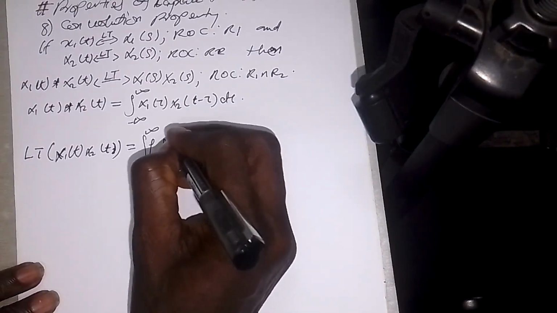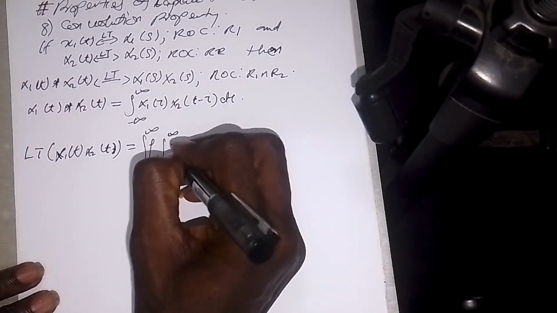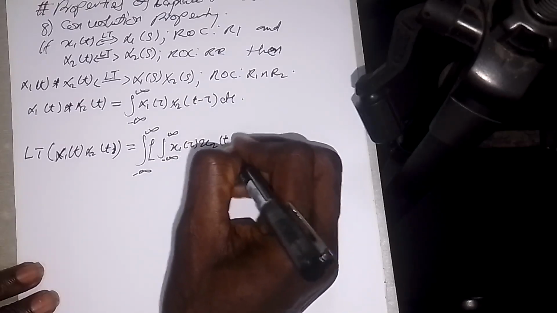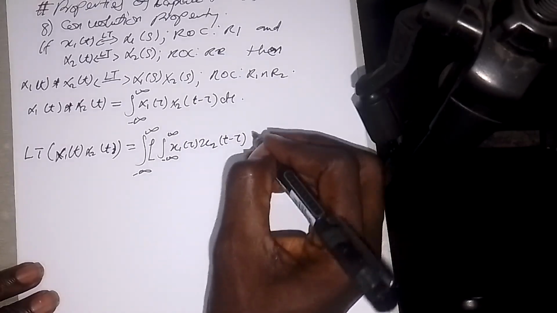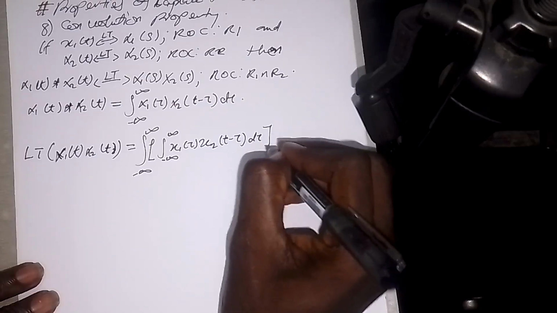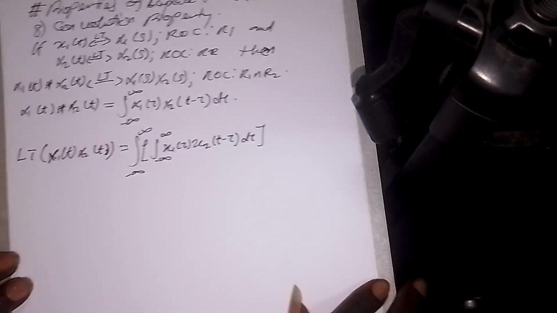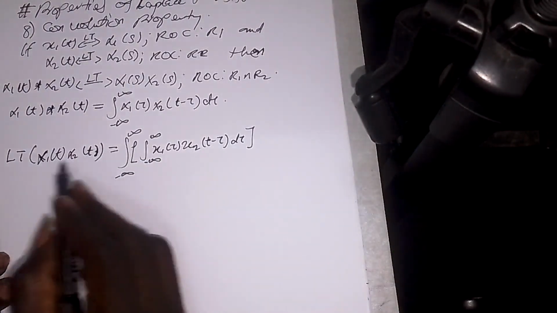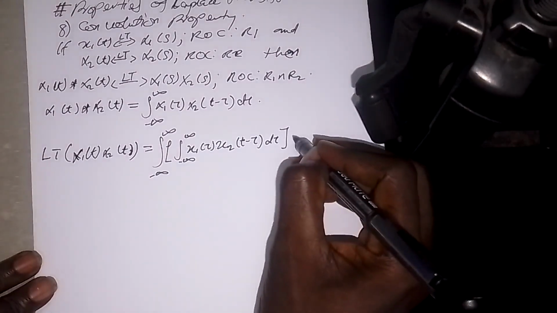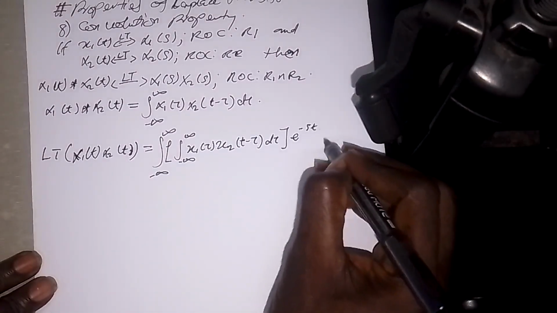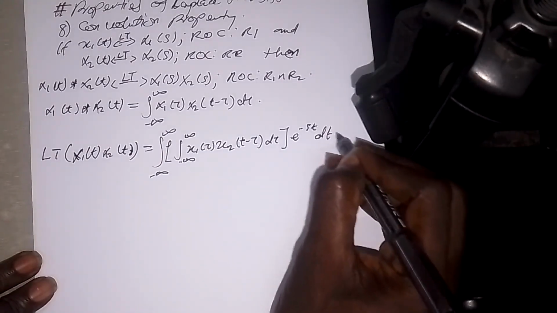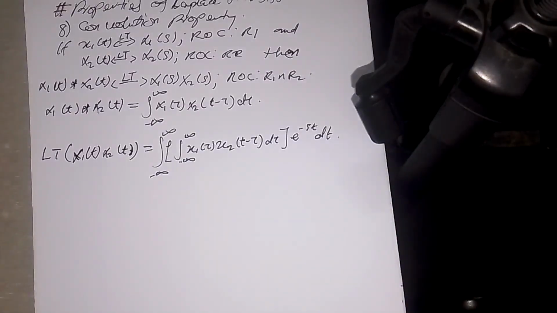Here I'll have the integral from minus infinity to infinity of x1(tau) times x2(t minus tau) d tau. Because it's a Laplace transform, I'll have e to the minus st, dt. So basically this is what I'll have.